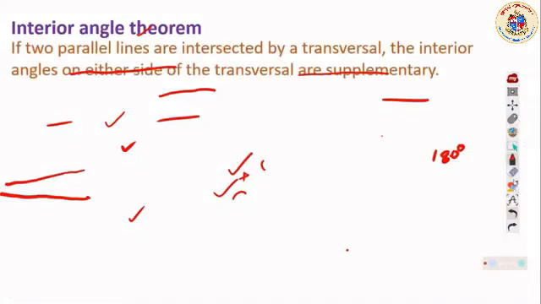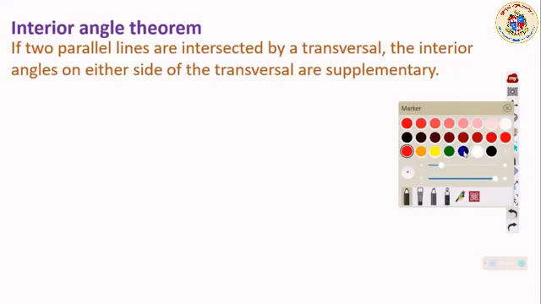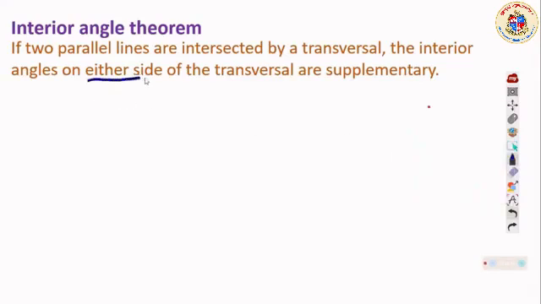That proof, otherwise we name it as the interior angle theorem. If two parallel lines are intersected by a transversal, the interior angles on either side of the transversal are supplementary. On both sides, they are supplementary.